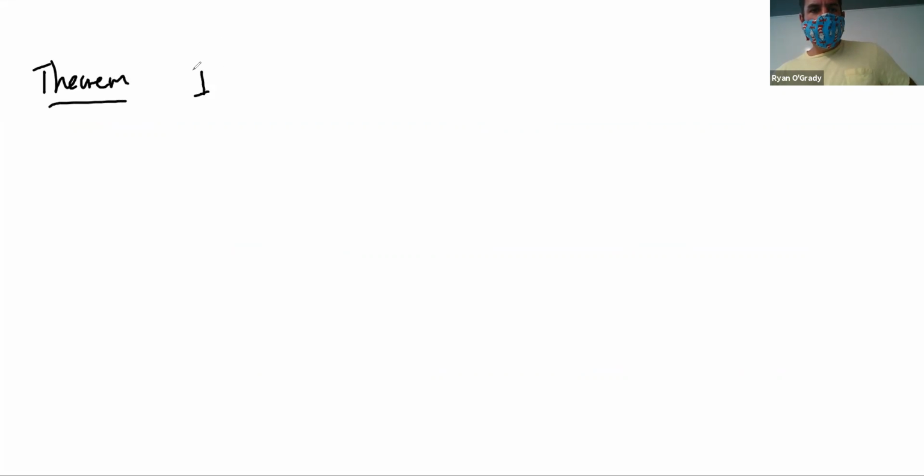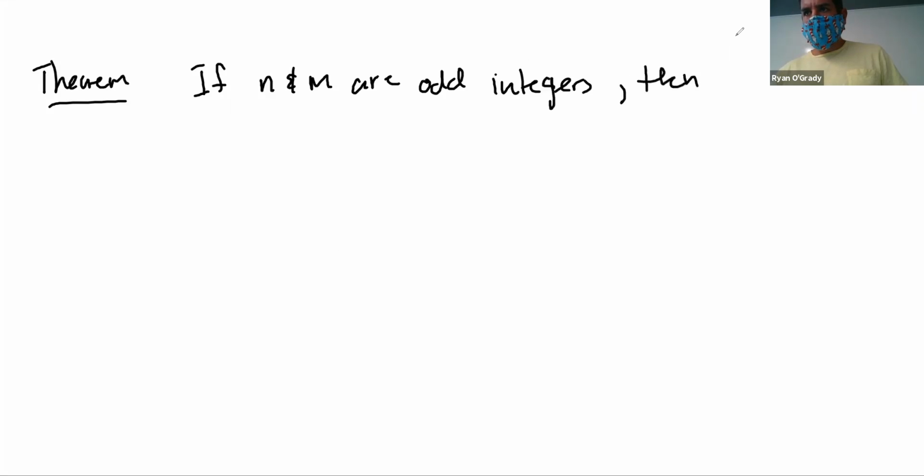So if n and m are odd integers, then n plus m is even. Take two odd integers, 7 and 5, add them together, you get 12. That's even, right? How do we prove this stuff?